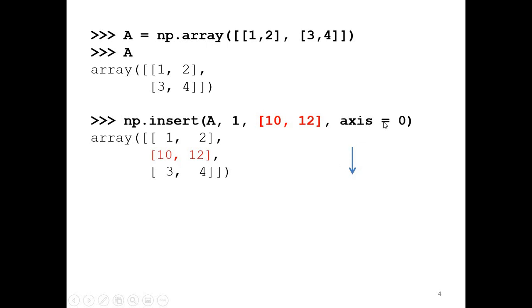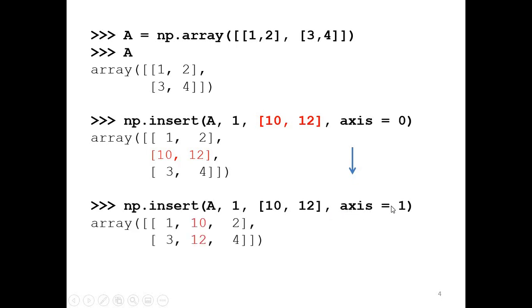So axis equal to 0 means it will insert in the vertical direction. This is what is meant by axis. Also, you can write it this way: a, 1, 10, 12. You want to insert the same thing, but with axis equal to 1. Let's see. Axis 1 means the horizontal direction.